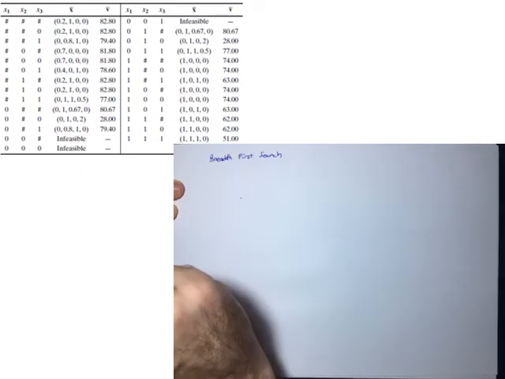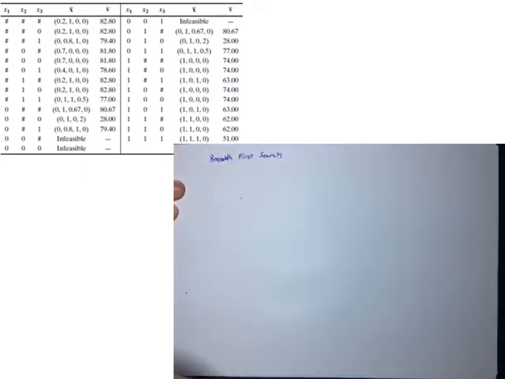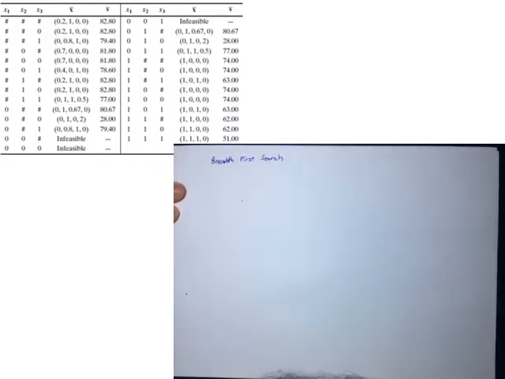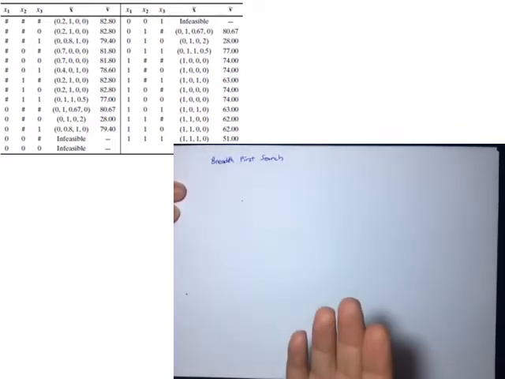You need to find the same objective function value, but your branch and bound tree may be totally different. It can be a larger one, it can be a smaller one.